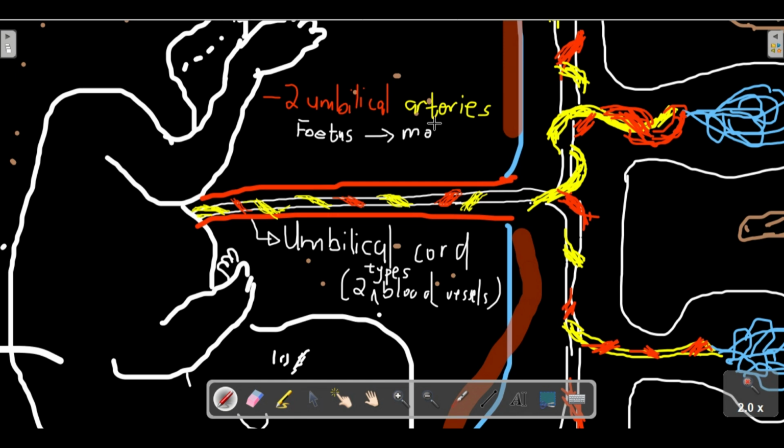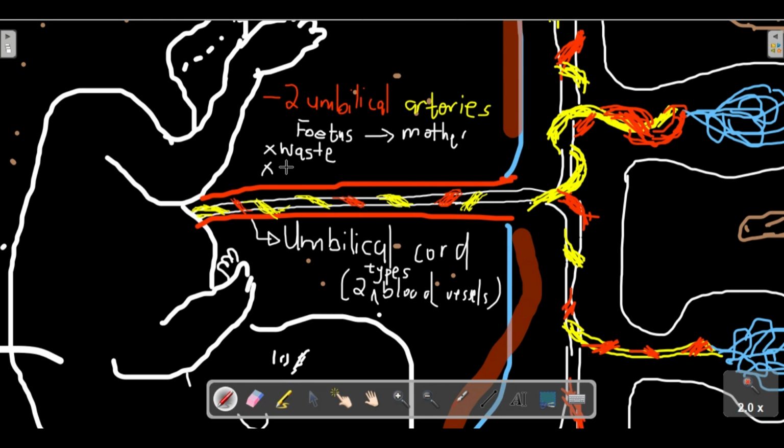So they basically take from the fetus substances such as waste. They will collect waste from the fetus. They will also collect gases such as carbon dioxide.